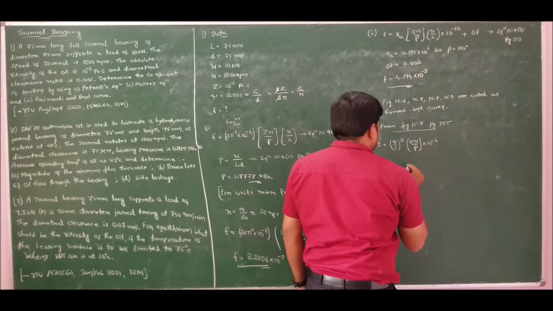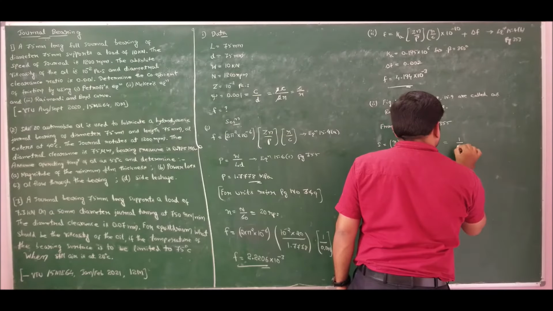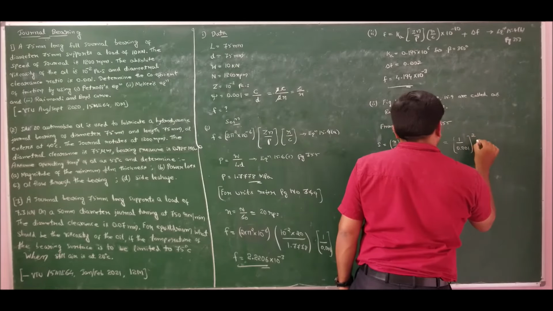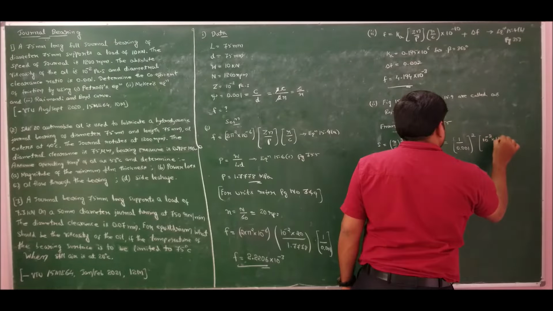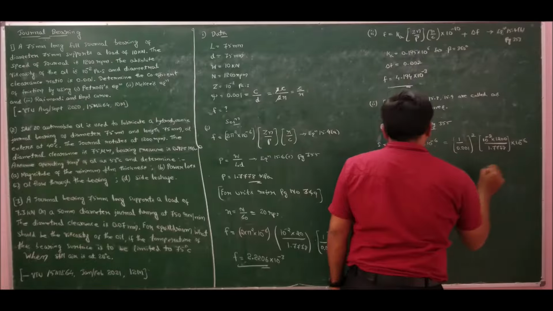If I substitute all the values, I will get the x-axis as R by C is 1 by 0.001 whole square into Z is 10 to the power of minus 2 into 1200 divided by P, which is 1.7778 into 10 to the power of minus 6.